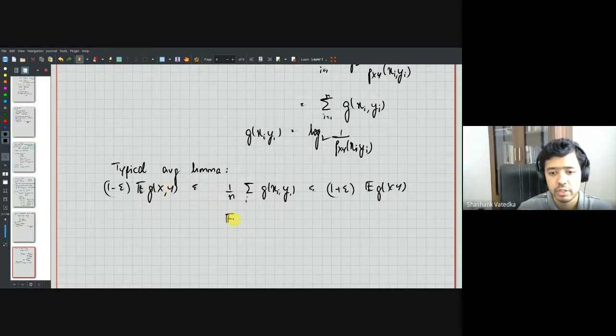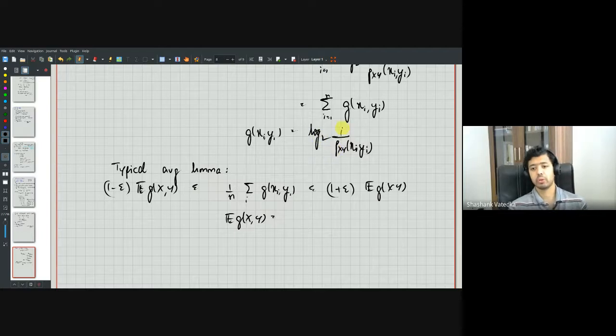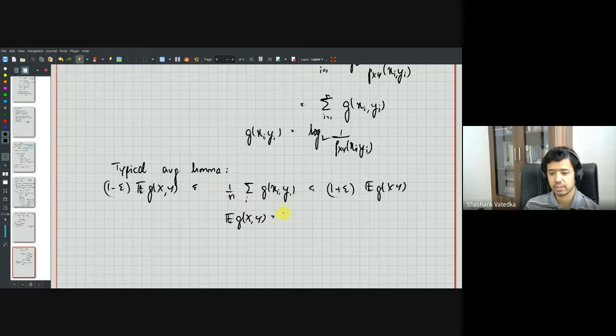But in this particular case, what is the expectation of g of x y equal to? So I've taken g to be log 1 over p x y. So what is the expectation in this case equal to?